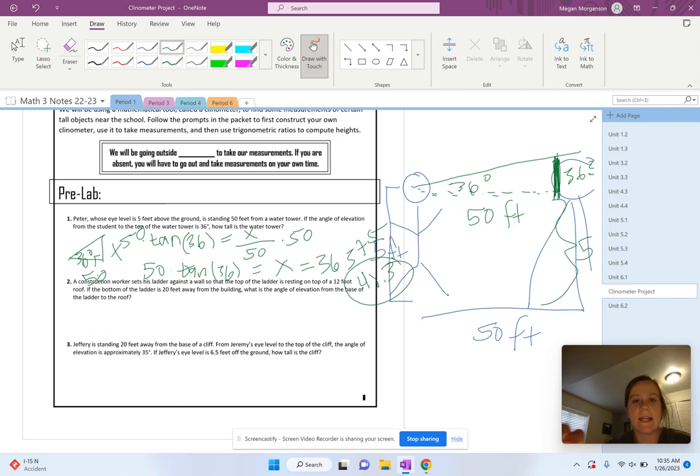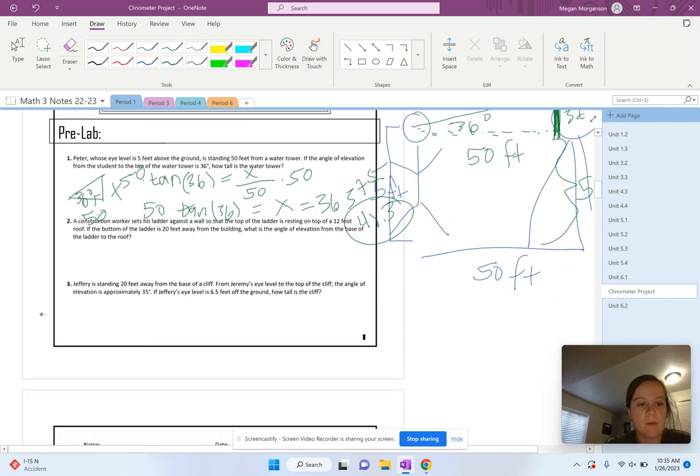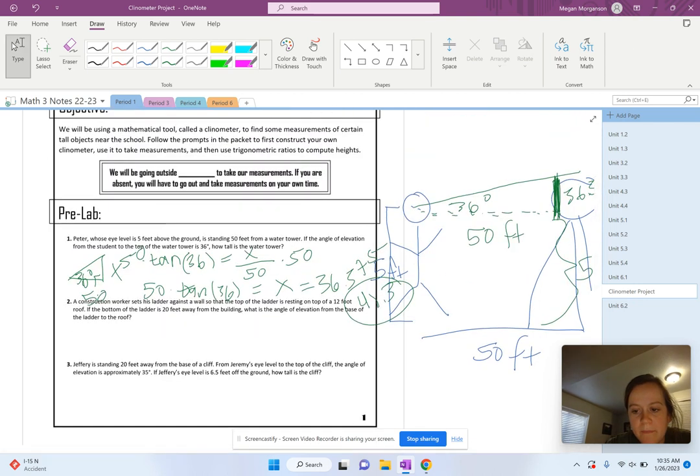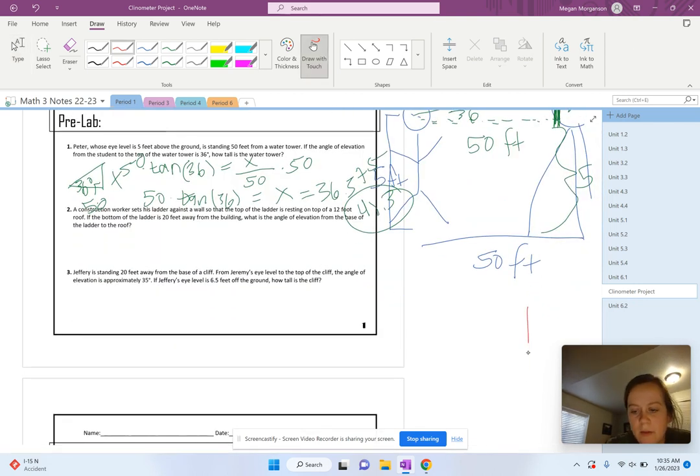Okay, let's look at the second one here. We've got a construction worker setting his ladder against a wall, so the top of the ladder is resting on the top of a 12-foot roof. So, construction worker, let's make this red. Here's a wall. He puts his ladder against the wall, so the top of the ladder is resting at the top of a 12-foot roof.